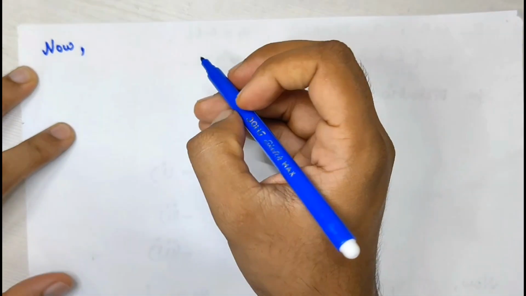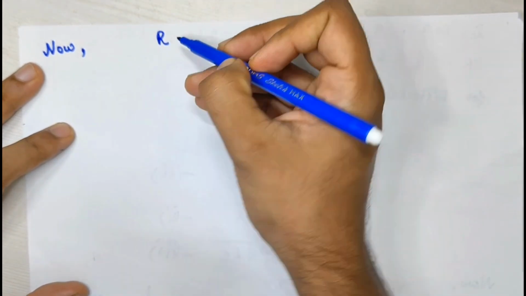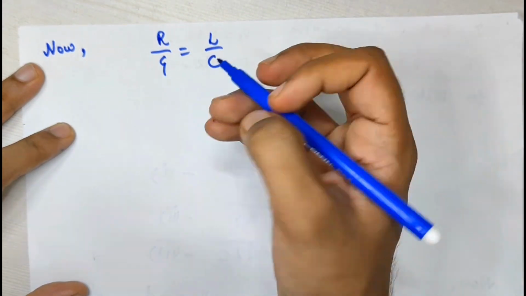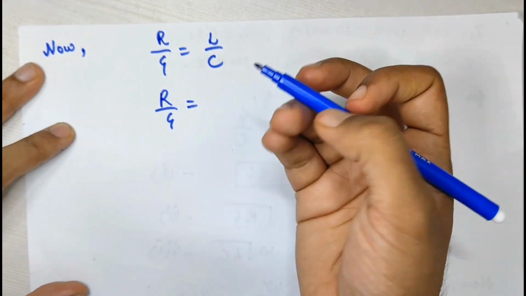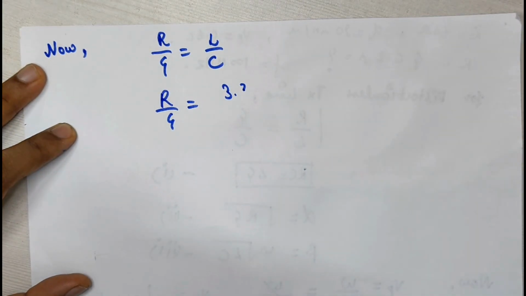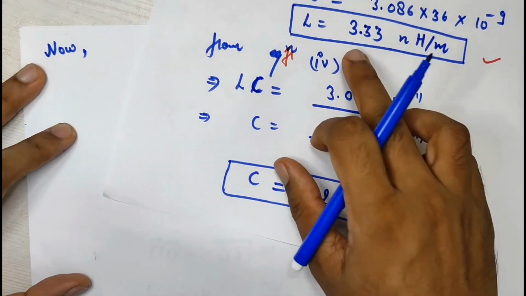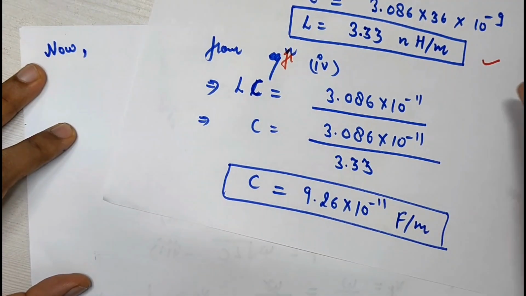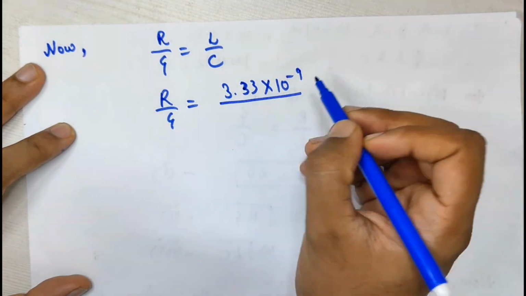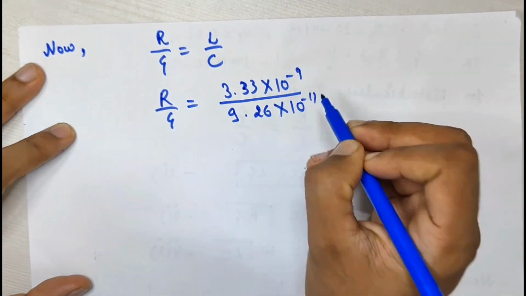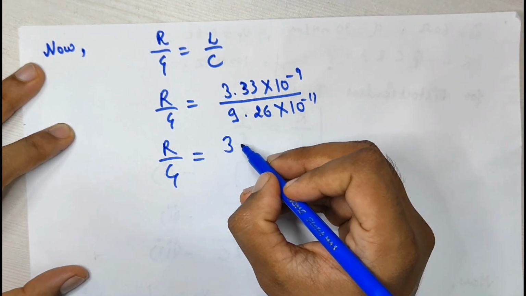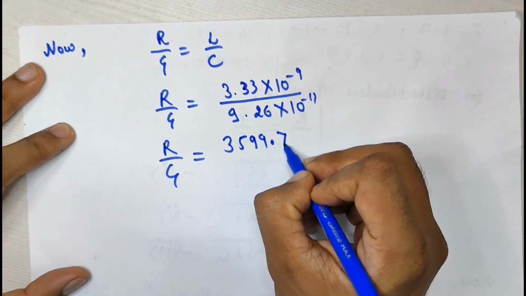Now from the equation of the distortionless transmission line, R by G can also be written as L by C. If we have calculated the value of L and C, then R by G can be written as, after calculation, 3599.7.